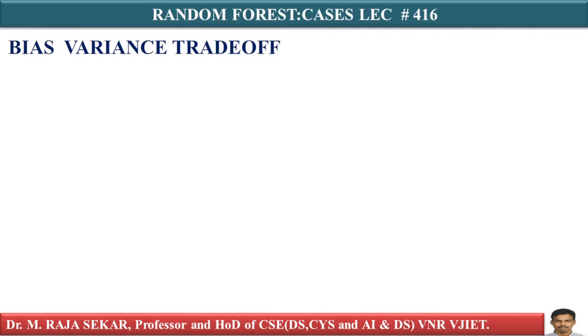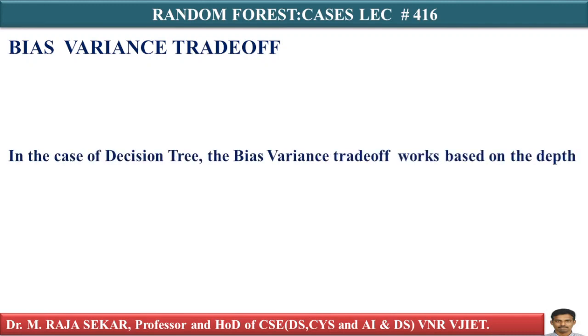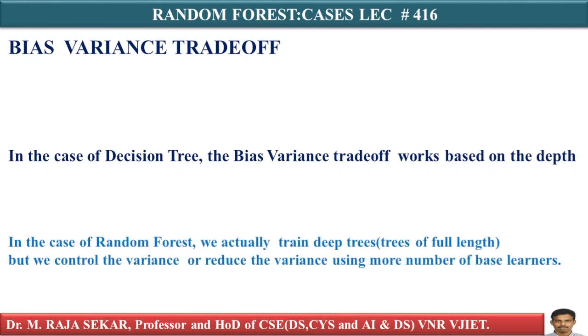In the case of random forest, we actually train deep trees of full length, but we control or reduce the variance using more base learners. This is one key difference.